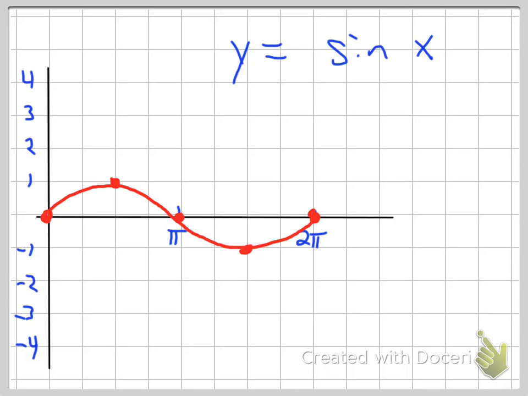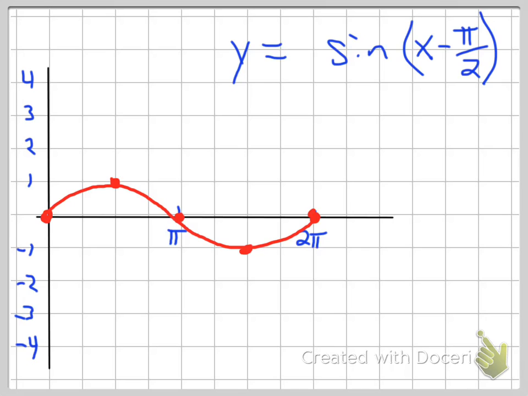Now let's look at how this graph changes based on any alterations we make to the equation. So if I go through and subtract away a pi over 2, let's say, if it's inside the parentheses, that means it is now my h value.